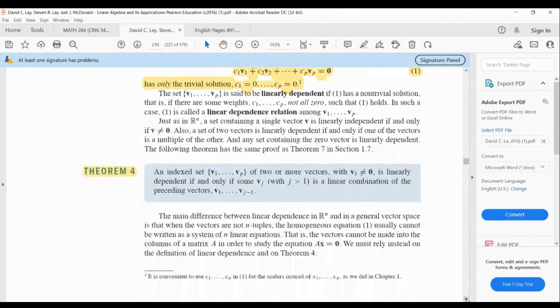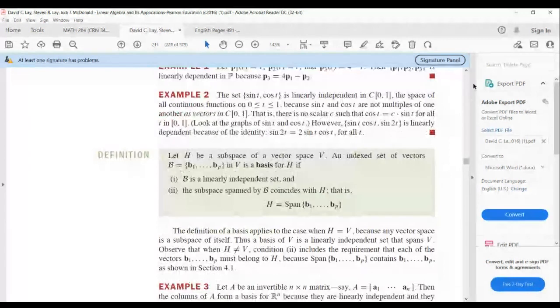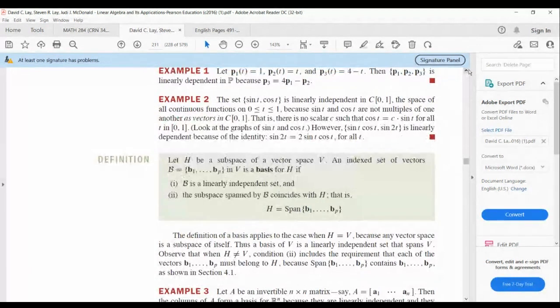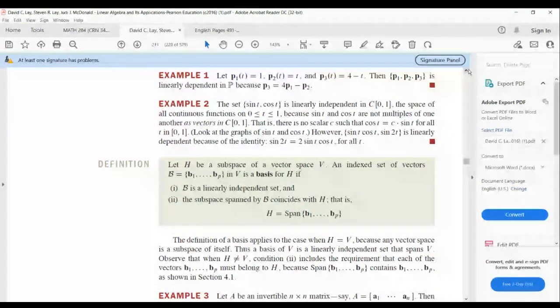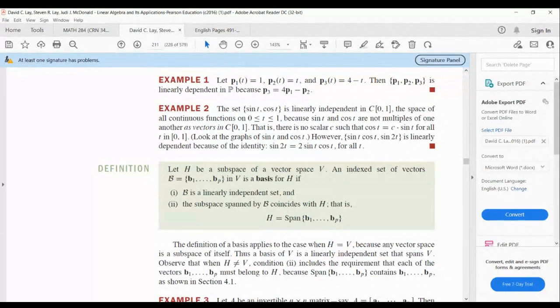So we're reviewing what linear independence means. And I guess it doesn't hurt to look at this first example.